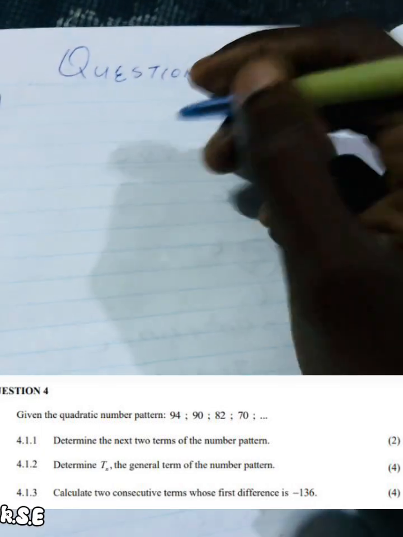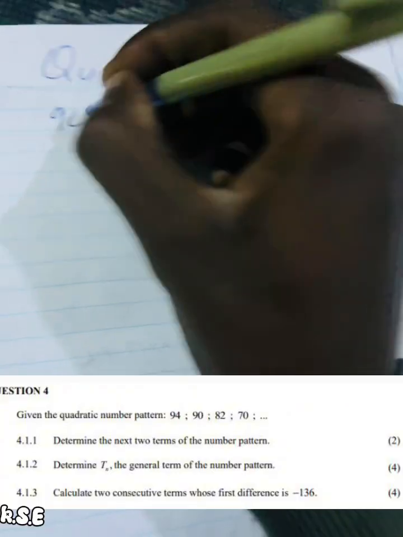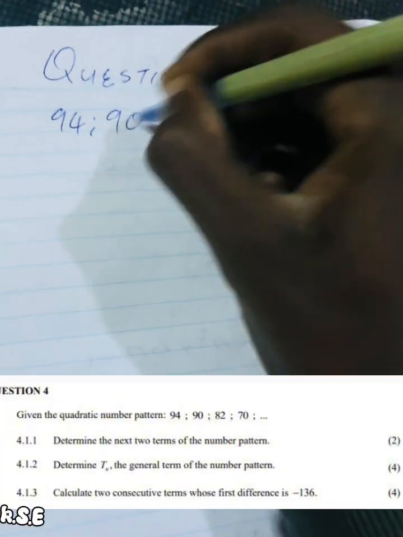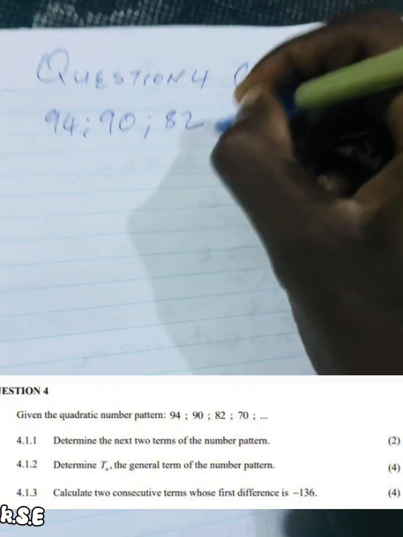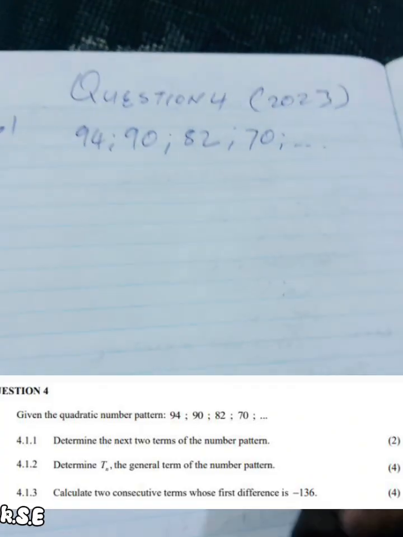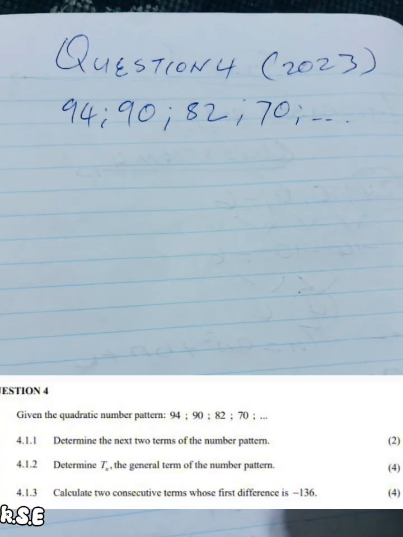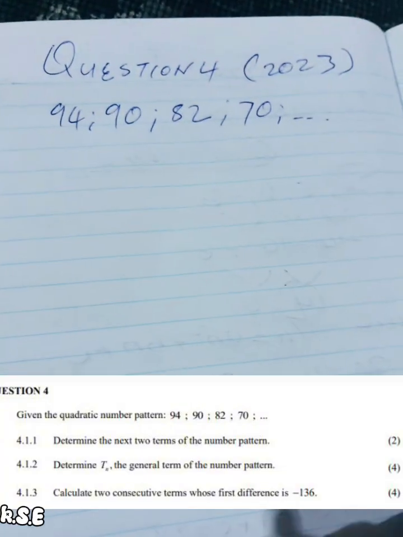So we have 4.1, which says, given the quadratic number pattern 94, 90, 82 and 70. So this is what we are given. The first question says 4.1.1, determine the next 2 terms of the number pattern.